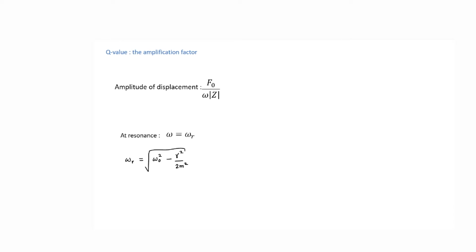To begin with, you might recall that the amplitude of displacement for a forced and dissipating oscillator is given by this expression. We derived it in one of the earlier modules, and at resonance, let us call the resonant frequency omega r.